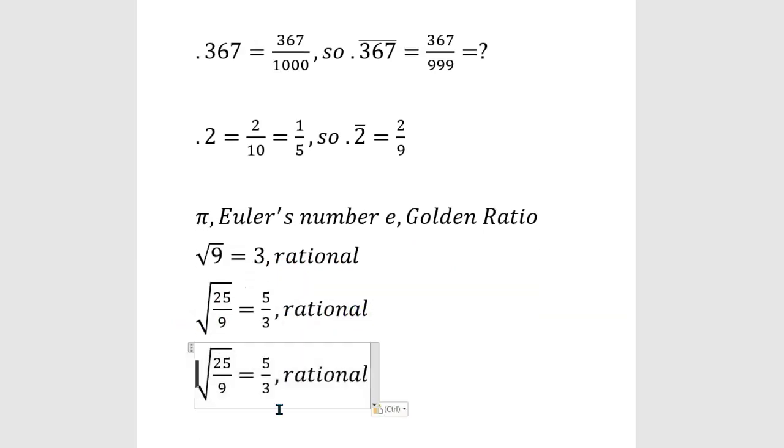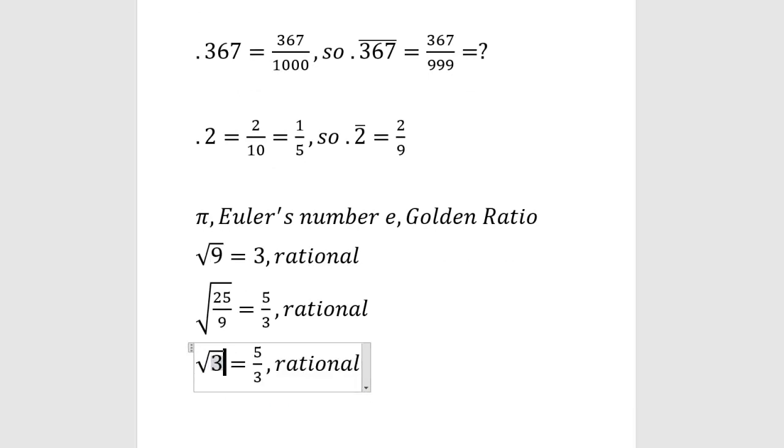What if we did something like the square root of, we don't have to look far, the square root of 2? Uh-oh. There's no way to write that in a pretty way. That is irrational, because you can't make that pretty, right? The square root of 2, there's no making that pretty.